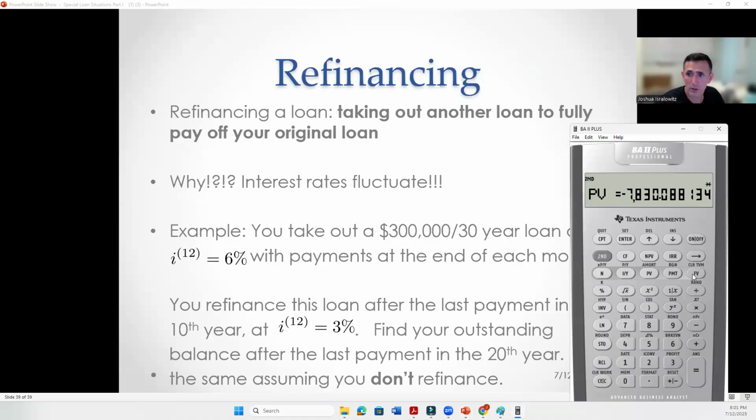All right, so 30 times 12, monthly payments, 360N. Original loan interest rate 6% over 12 is my monthly interest rate. Present value 30,000. Negative, doesn't matter, of course. All right, so my original payment's 1798.65.